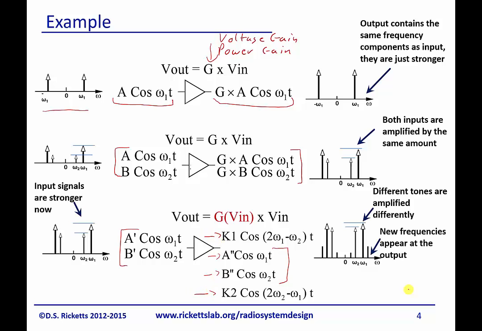So you can see here that the different tones could be amplified differently. We get new frequencies than we had before, and this is what happens with a nonlinear system, and typically happens when the gain has some dependence on the input. And we're going to talk a lot about that with intermodulation going forward, about the generation of these additional products and how they cause us difficulties.